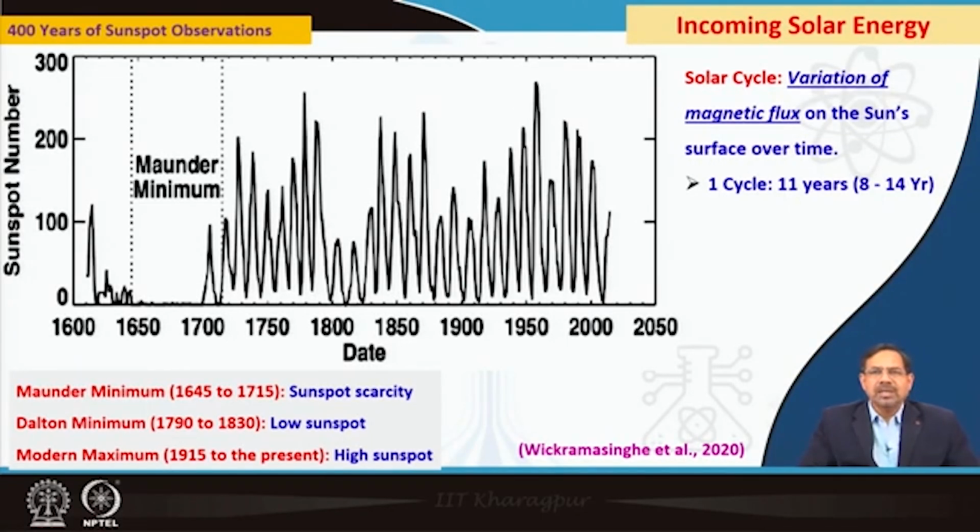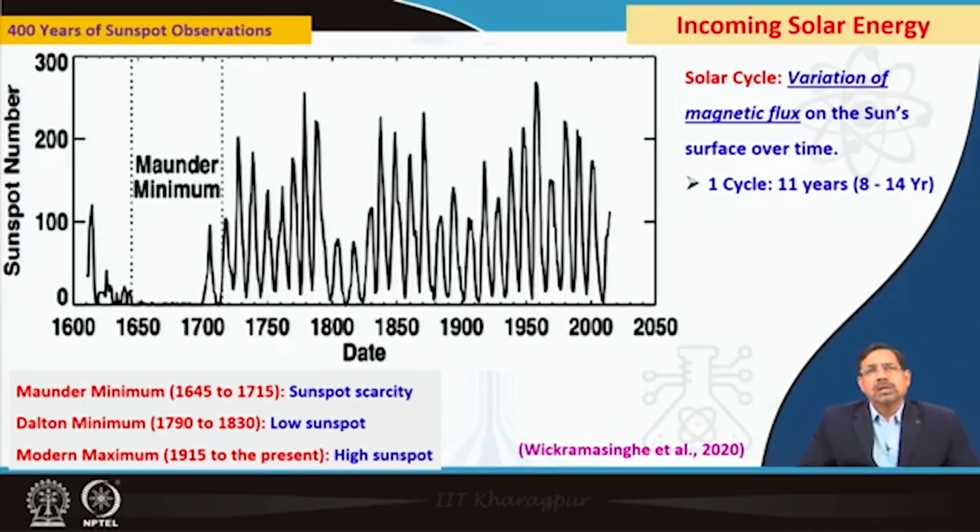In contrast to these minima, we also find a maxima around 1915 and beyond. In that phase the maximum number of sunspots has been registered, and that phase has been called the modern maximum, where high sunspot activity has been registered.